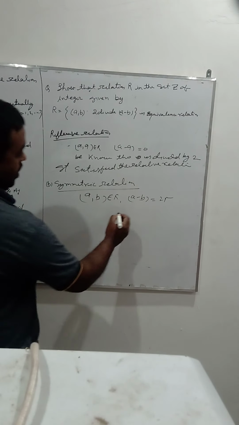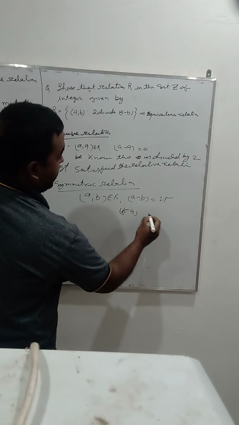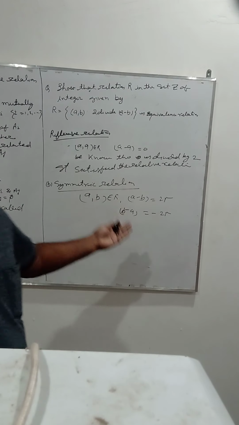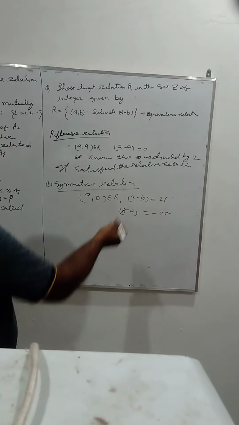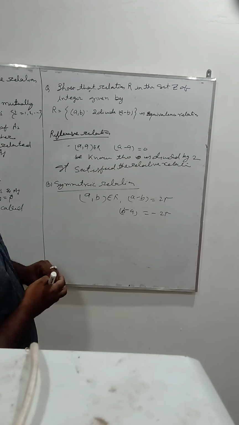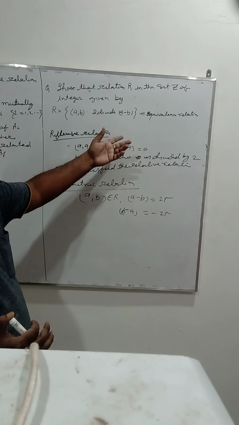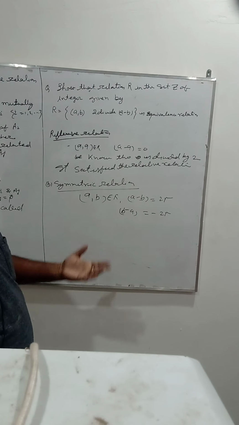Now if you write b minus a, that is equal to minus 2r. This is minus 2r and that is plus 2r. Both are divisible by 2, and our condition is only that a minus b or b minus a, first minus second, is divisible by 2.